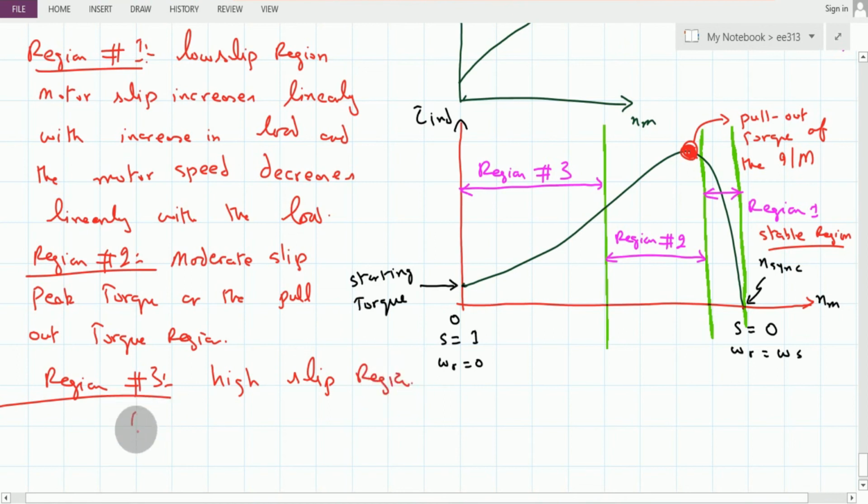Here the induced torque actually decreases with the load, and therefore this is an unstable region of the operation of the given motor.